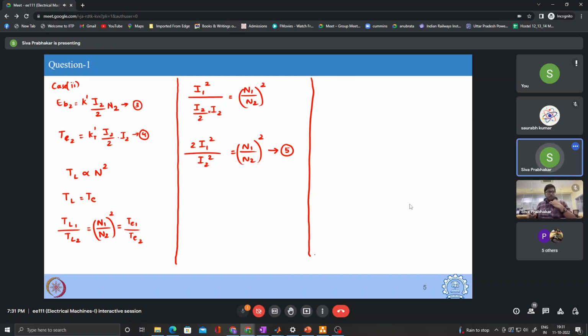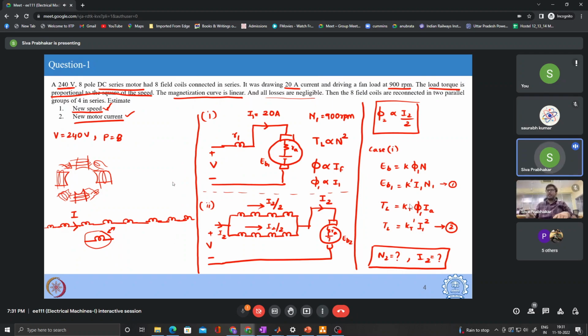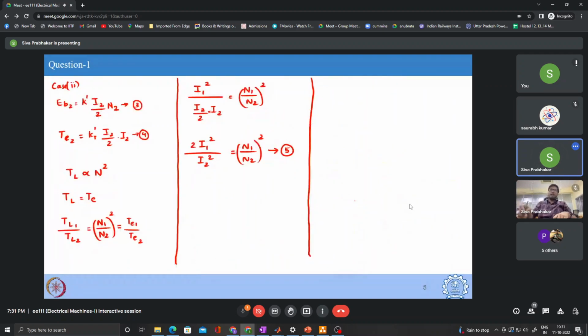So these all things I have identified. So let me first substitute, and from equation 1 you have a relationship between EB, I1 and N1, and equation 3 you have a relationship between EB2, I2 and N2. So EB1 by EB2 will be nothing but I1 N1 by I2 by 2 into N2.